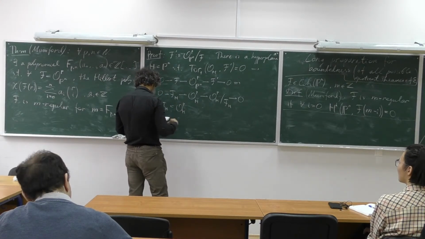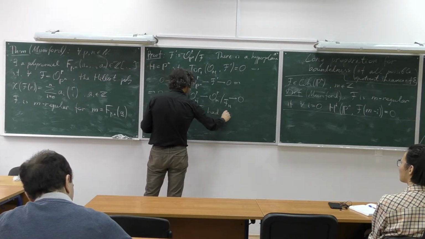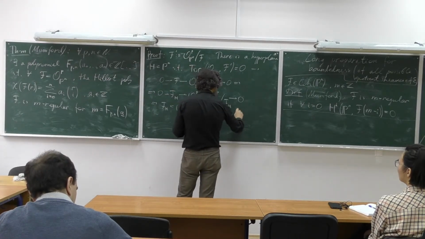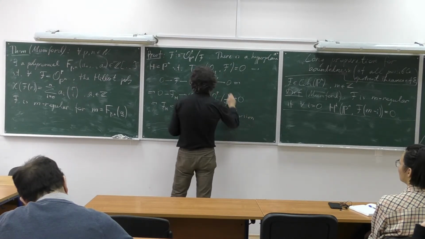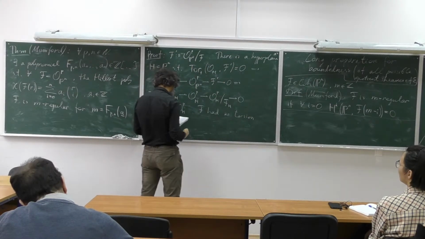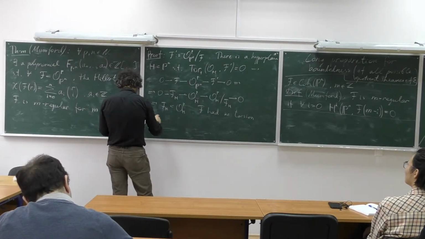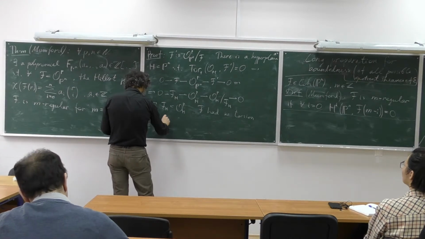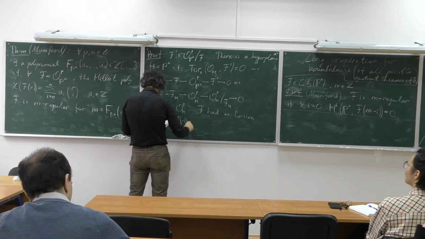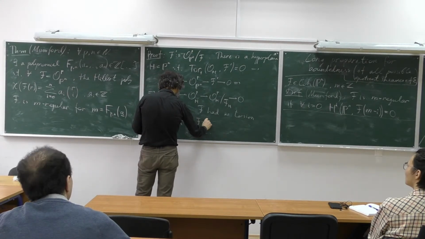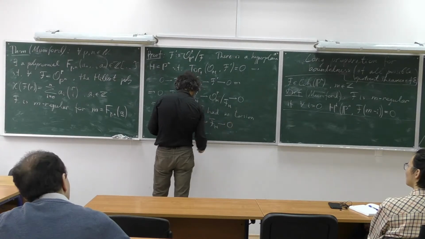Okay, so now F had no torsion, because it was a subsheaf in the locally free sheaf, and hence we have another short exact sequence. F of -1 goes to F, goes to restriction to the hyperplane.